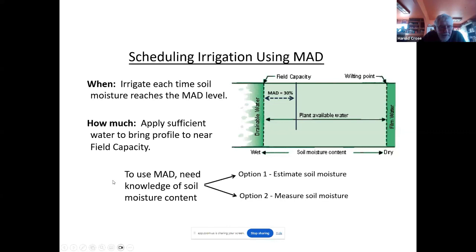I don't expect that many of you will be designing a system, but you're going to be managing a system or helping that grower manage the system. And the first thing you're going to find out is what that system's capability is of meeting the peak consumptive use of that crop. So if they bring in a design to you for a wheel line, one wheel line on that 10 acres, it's going to fail.